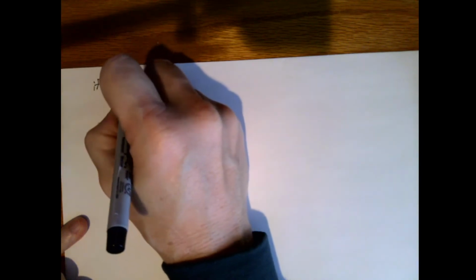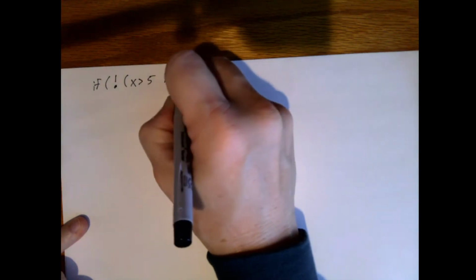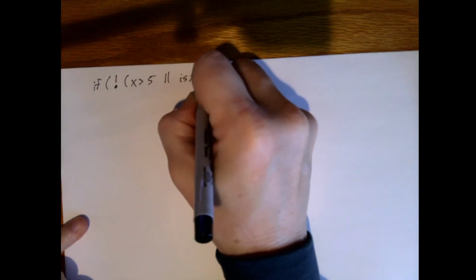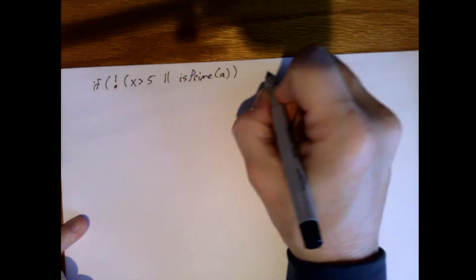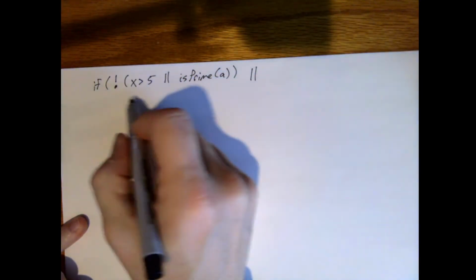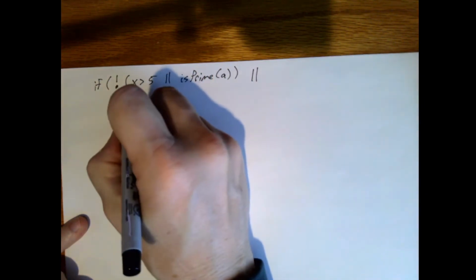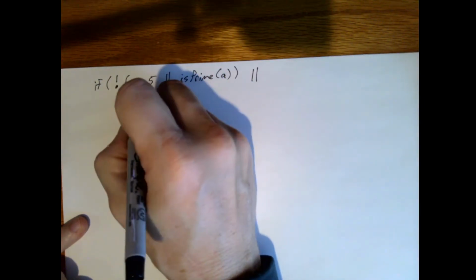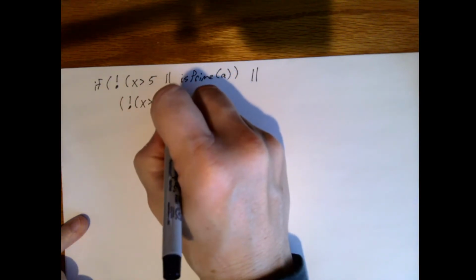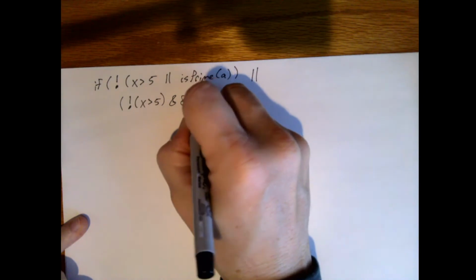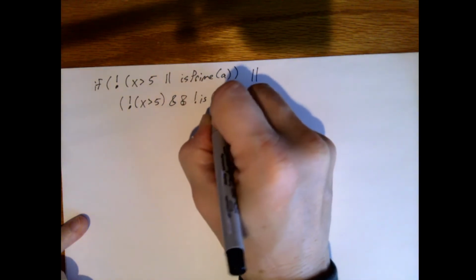Also C code. If not x is greater than 5 or is prime, say variable A, or, and we'll come down to the next line and write it, not x is greater than 5 and not is prime.